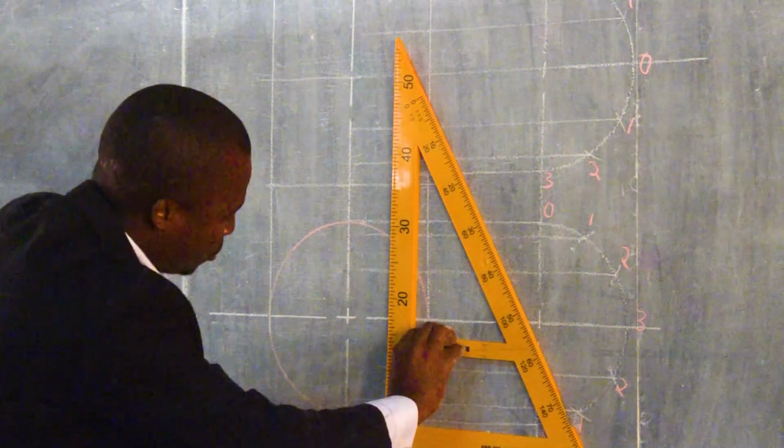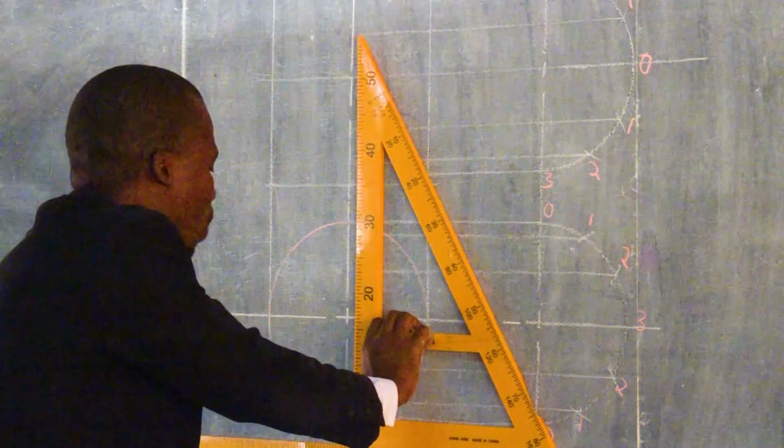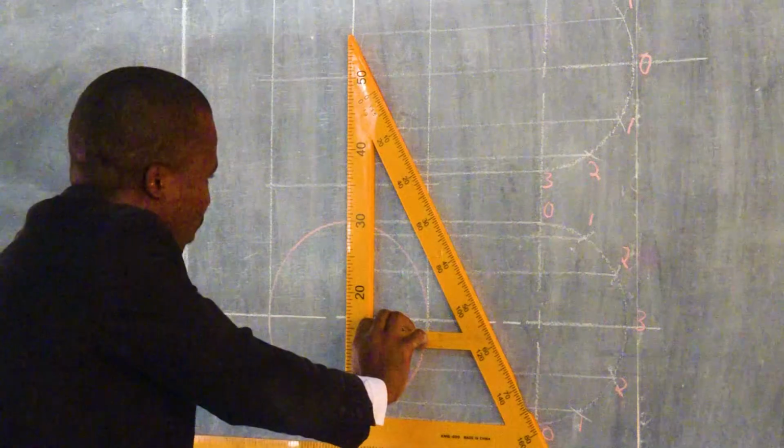So you will discover that 1 and 1 on top there, they all lie in the same line.